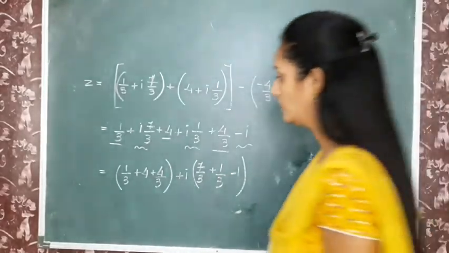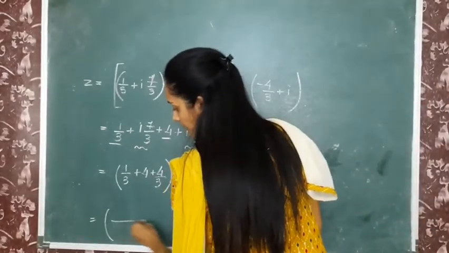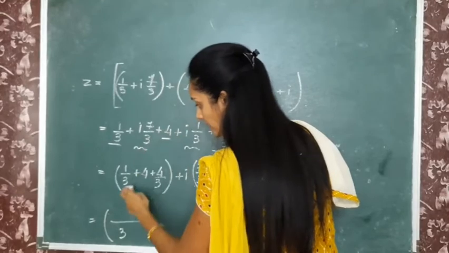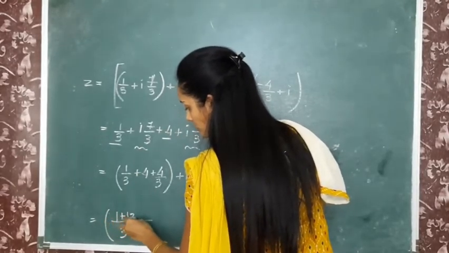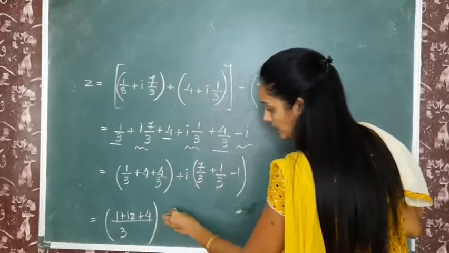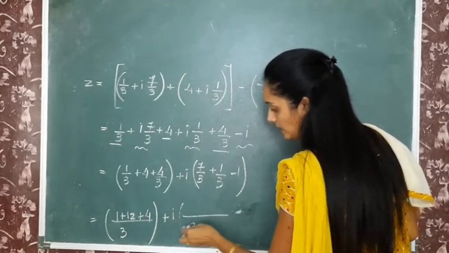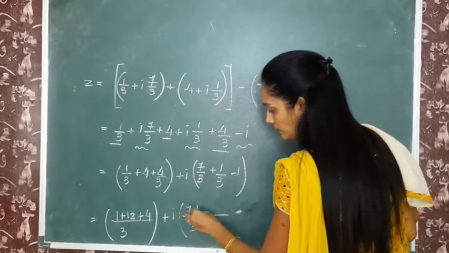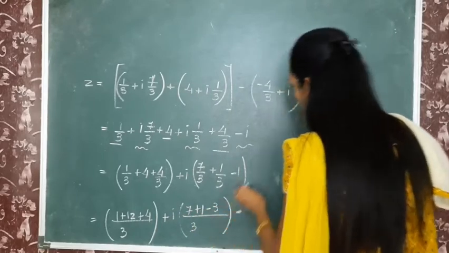Okay. Now for this bracket we can take 3 as LCM. So here 1 plus 12 plus 4 plus i. Here 3 is LCM. So 7 plus 1 minus 3.